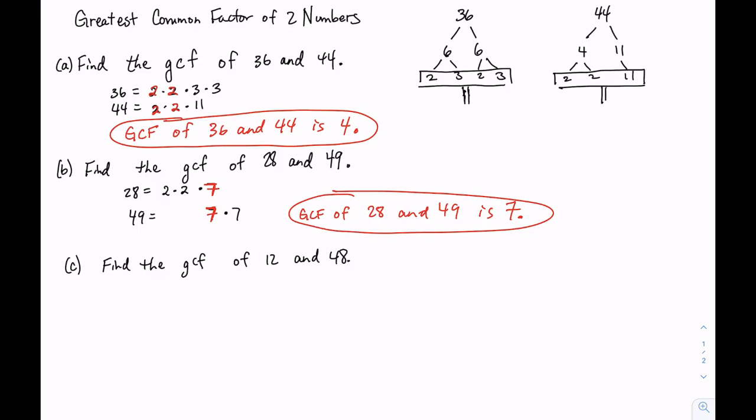How about the GCF of 12 and 48? 12, remember, is 2 times 2 times 3. How about 48? Well, 48 is 6 times 8, right?